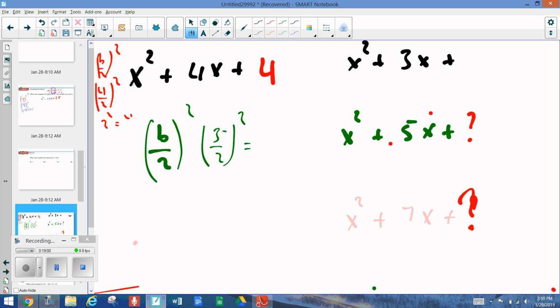No need for the calculator. What is 3 over 2 times 3 over 2? Is that correct? 3 times 3, 9. 2 times 2 is equal to 4. So you're just going to write here, it could be a fraction, 9 over 4.